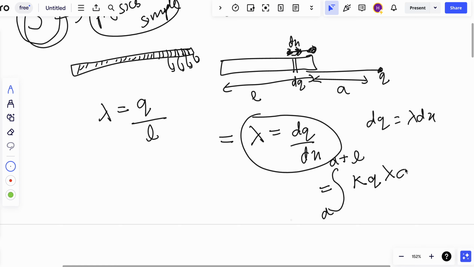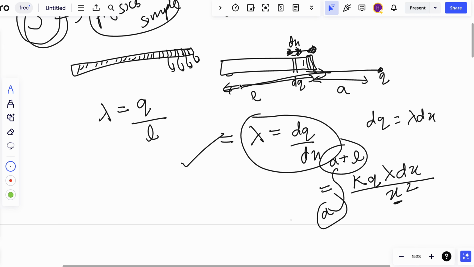So this is lambda dx by x square. What is x actually? x is a variable, so this dx is a part of x. It will take each of the x's like dx, dx, dx, dx and add them from a to a plus l. So this is what our integration will do. It will start from a, break it into many small dx's, and take it from a to a plus l. Got it? And we'll have the answer to our problem.